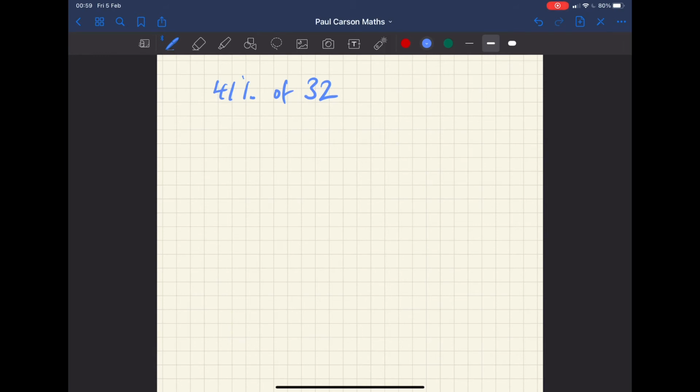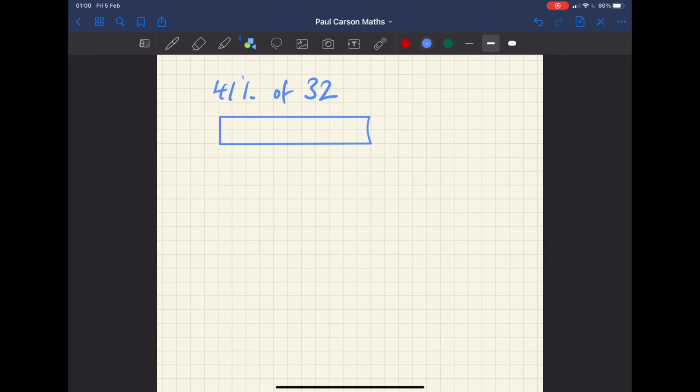First thing I'm going to do is just draw a rectangle and just talk about what 41% of 32 means. What that means is essentially some fraction of 32.